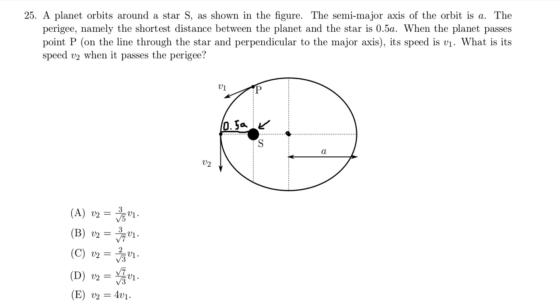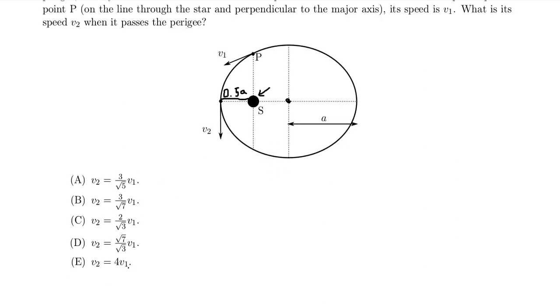And now the question is, when the planet passes the point P directly above the star, in this figure, its speed is v1, and we want to know what its speed v2 is when it's passing at its closest point to the star. Basically we want to find its relationship to v1.